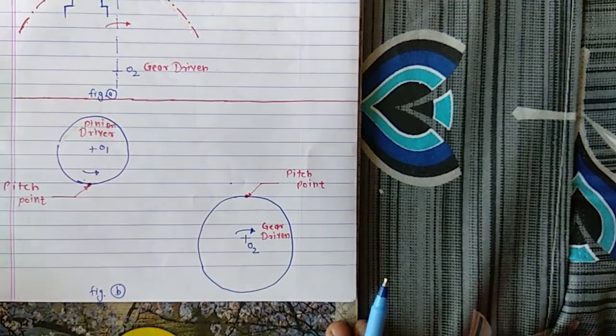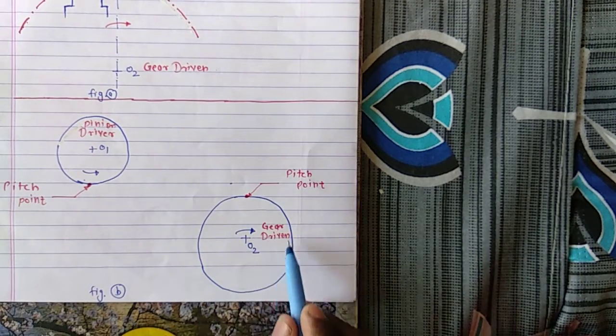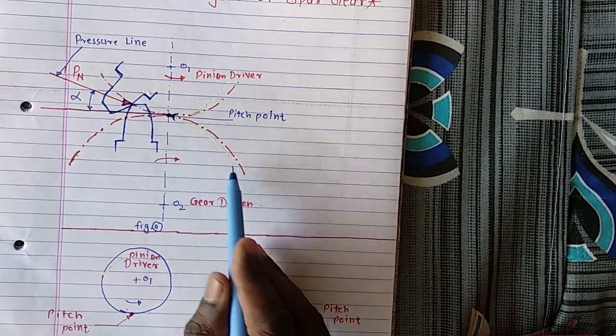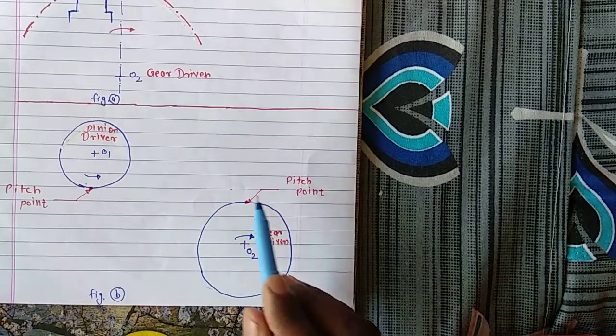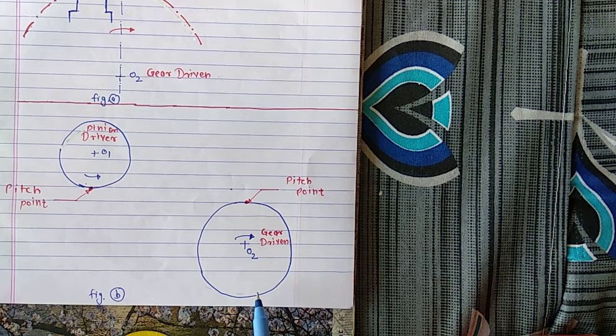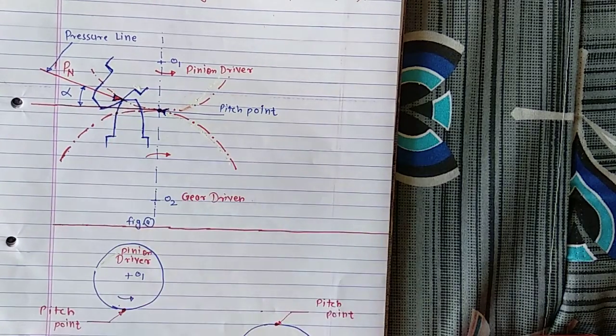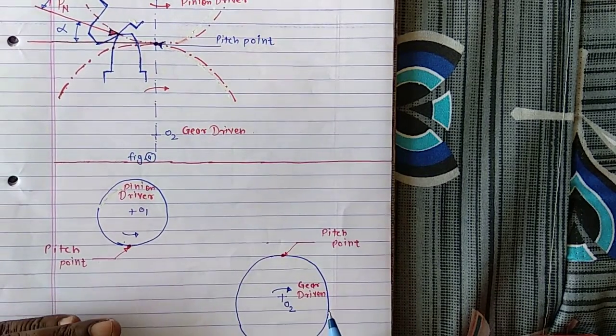I have shown the gear, which is the driven member, in red color. I have drawn the entire pitch circle for the gear, and the force is exerted by the pinion on the gear. That's why I can draw it like this.